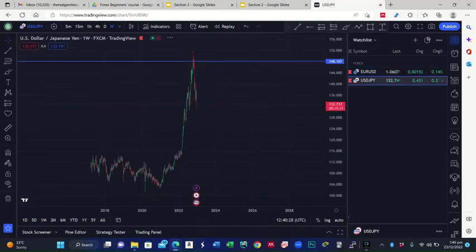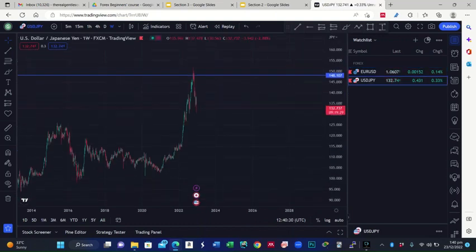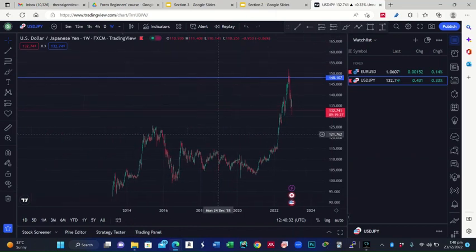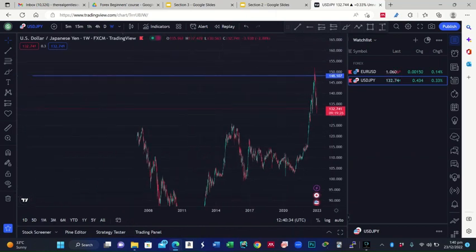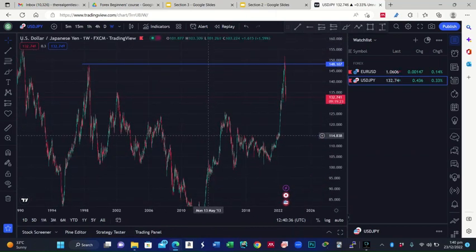Now let me make another example of USD/JPY. You can see from this previous top, after it got there, there's a sharp reversal also, which means it is trending downward. It is coming downward. It is the bearish market.